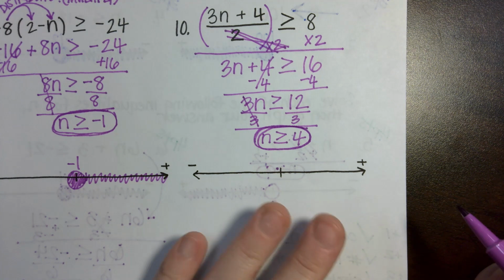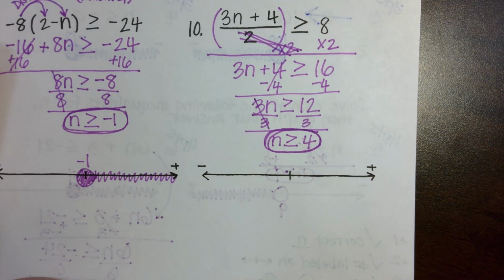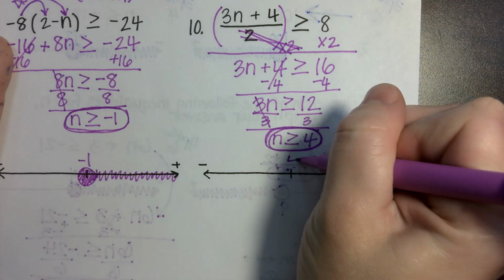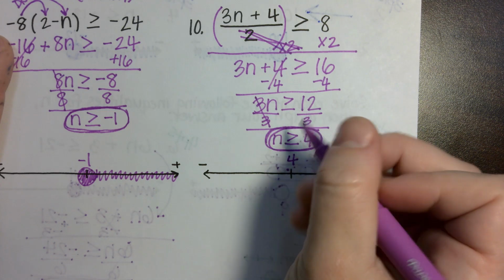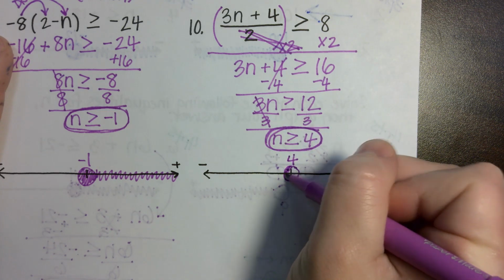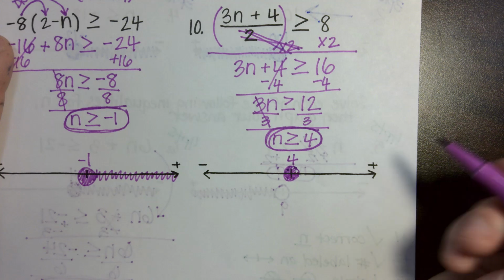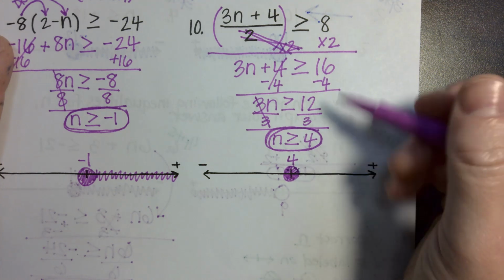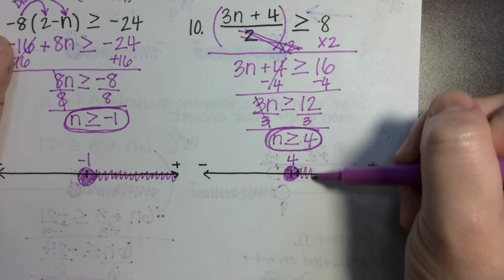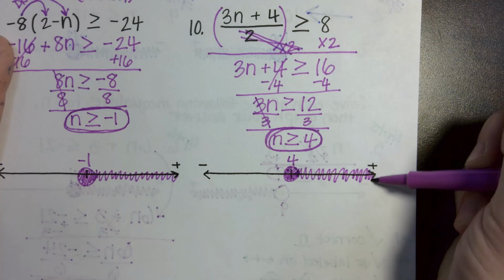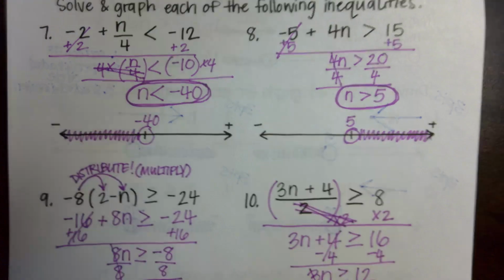And how do we graph this answer? 4 over the tick mark. Yes, and we shade our circle because 4 is included in what direction? To the right. Awesome. Awesome, awesome. Okay.